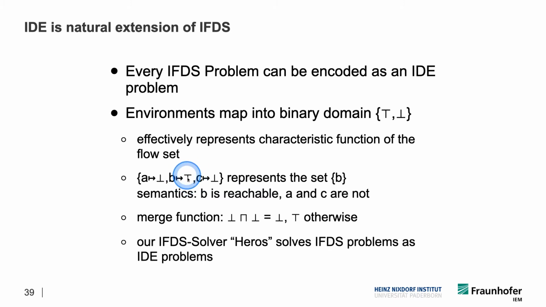Okay, so by setting something to top, you're saying that it's reachable at this program point, whereas A and C are not reachable. Okay. And then you can simply define a merge function that looks like this, or a meet operator that's basically saying that something is unreachable if it's unreachable on both sides, right? And otherwise, if it's reachable just along one of the two incoming control flow paths, then it's reachable, right?